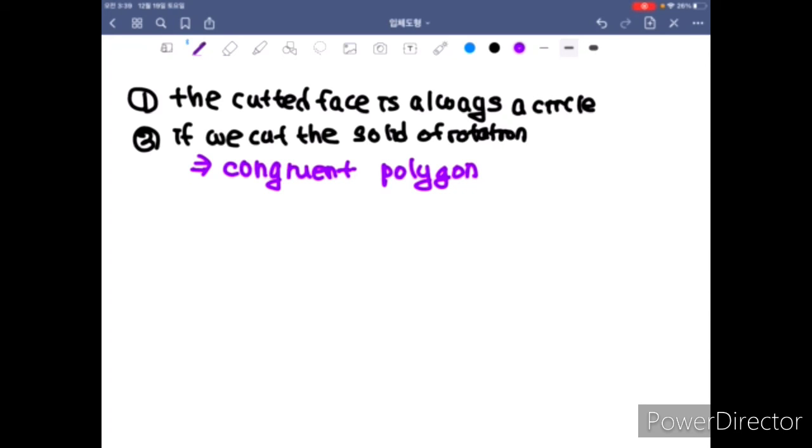And sometimes we will know that it is symmetrical to the axis.